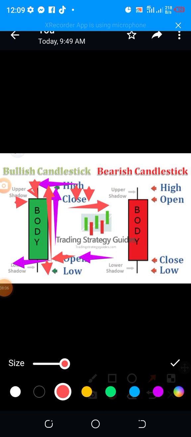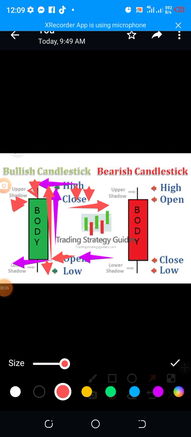Each candlestick has its time depending on the time frame you're using. I will show you that when I go to the chart, but I want to first explain here how the candlestick is formed. If it was 1 hour, the time ended and the candle had to close.